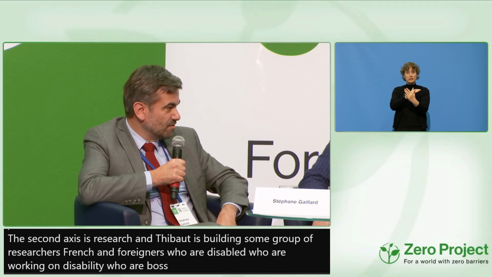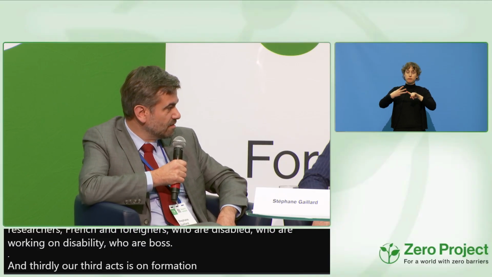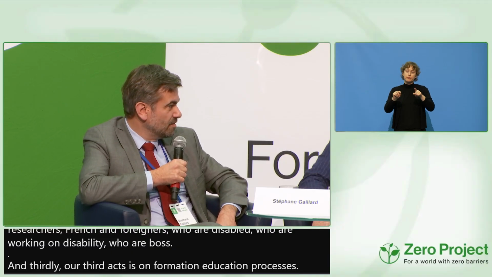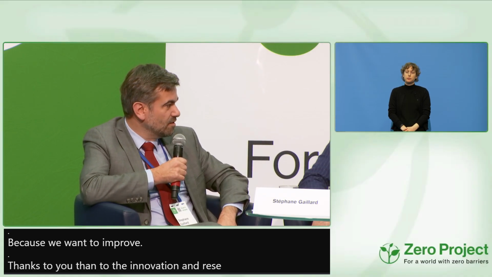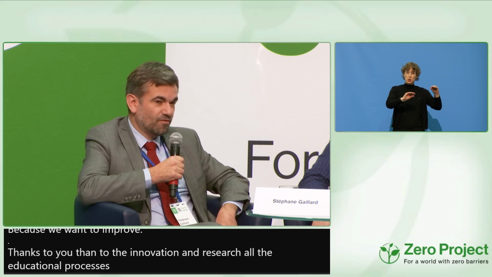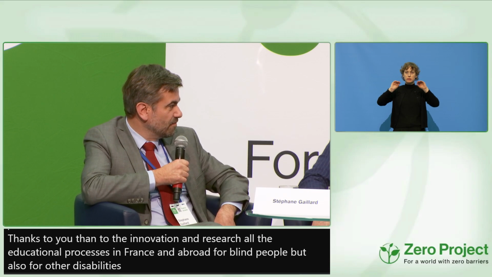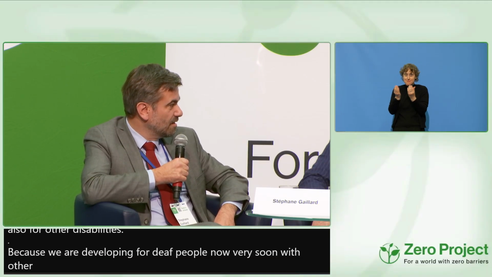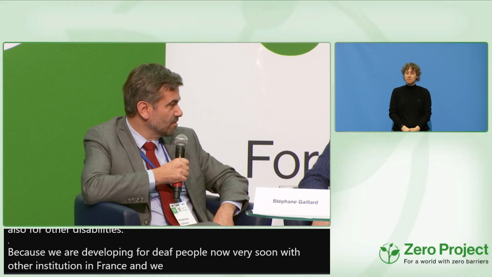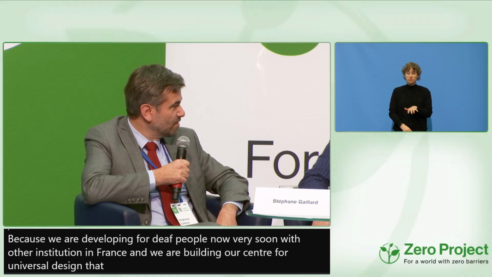And our third axis is on formation, education processes, because we want to improve, thanks to youth, innovation and research, all the educational processes in France and abroad for blind people, but also for other disabilities, because we are developing for deaf people now, very soon with other institutions in France, and we are building our Center for Universal Design, which our friend Thibaut will explain.